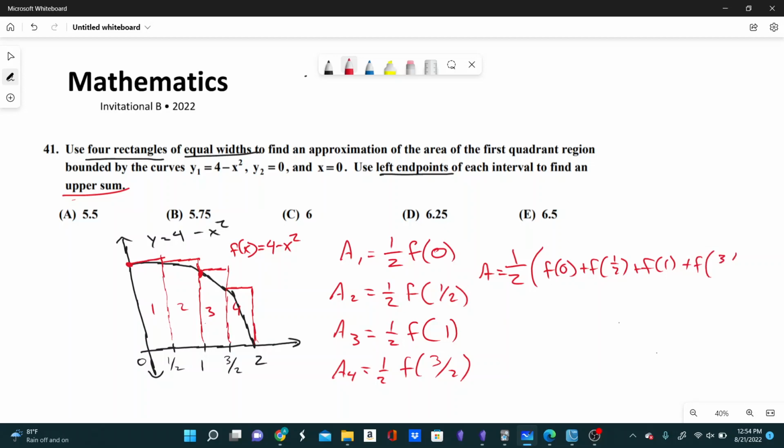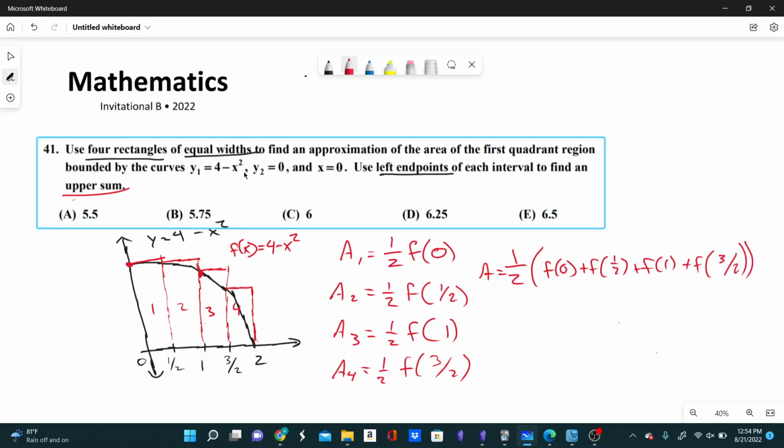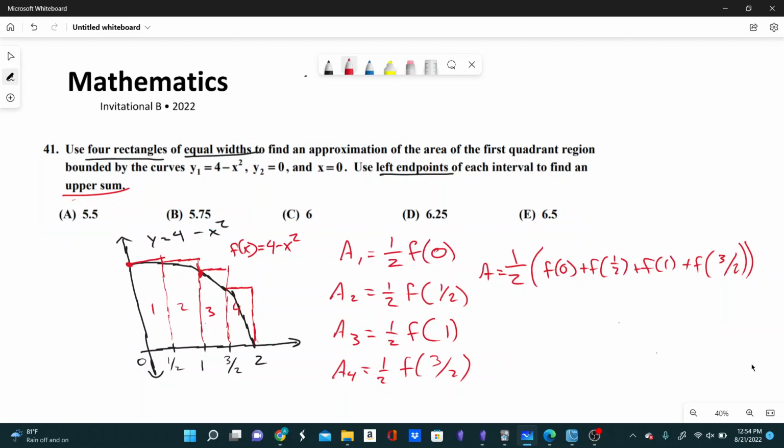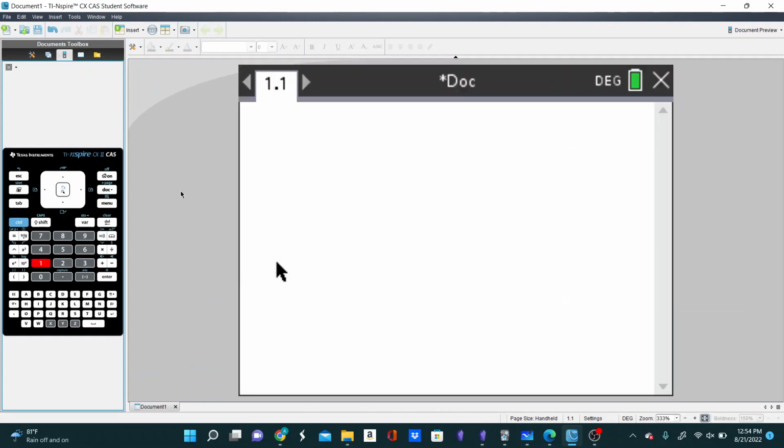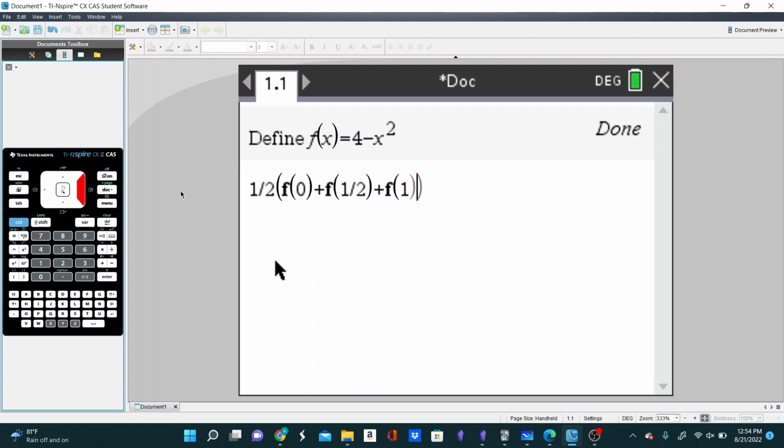So in my calculator, I'm going to define f of x equal to 4 minus x squared, so I don't have to type it in over and over again. So menu 1, f of x is equal to 4 minus x squared. And then my area will be 1/2 times f of 0 plus f of 1/2 plus f of 1 plus f of 3/2.